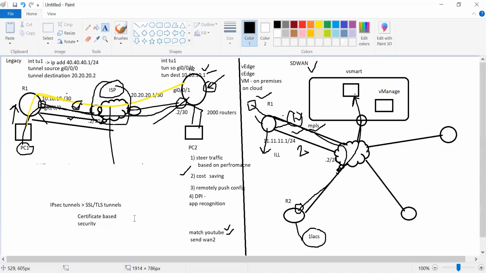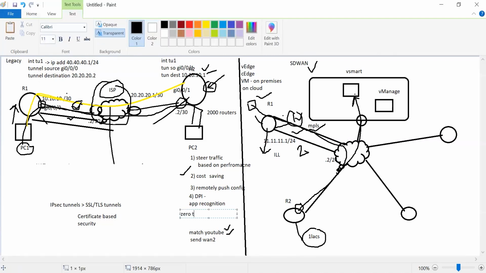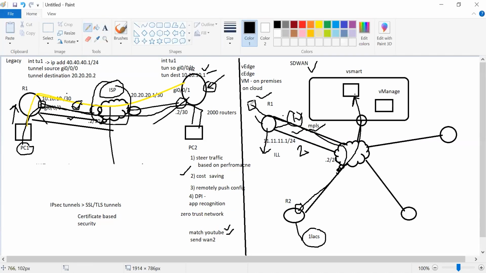An SD-WAN network is called a zero trust network. By default, these devices can, if you want, ping each other, but on the underlay only. The overlay traffic, or your actual traffic, would always be secure.